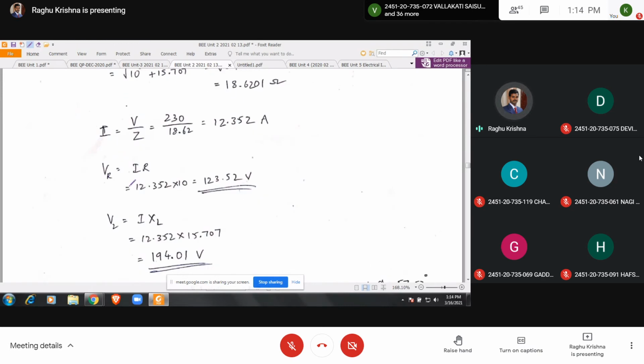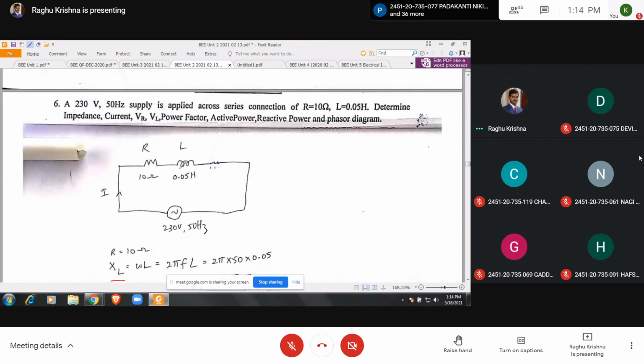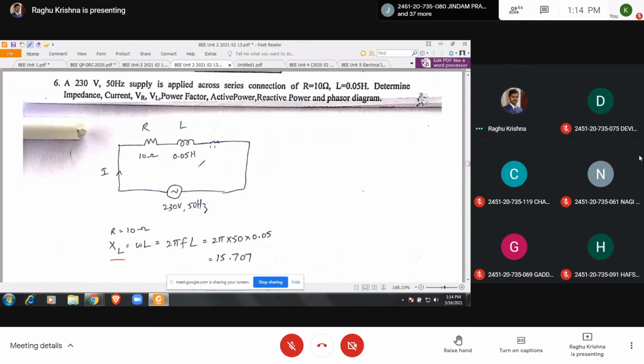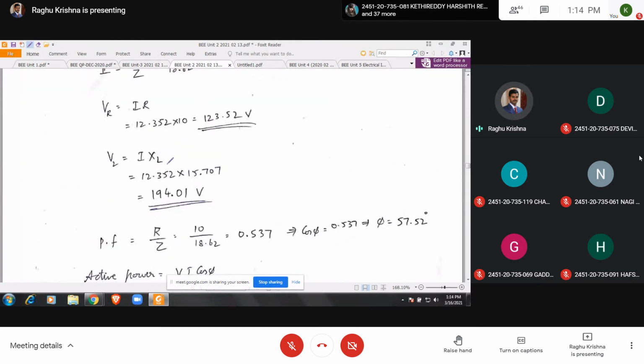Next, what about VL? I into XL. The impedance offered by the inductor is actually JXL, but here we require only the magnitude, so I into XL. If you want to, you can put JXL also.